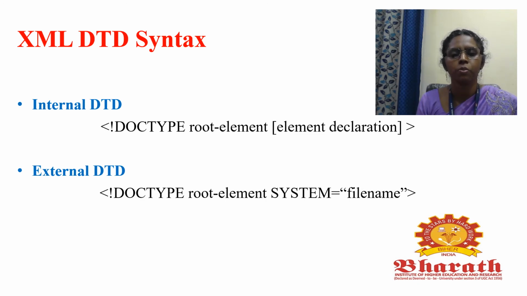Then we have to specify the location of DTD. Which DTD we are following. So that is specified using the attribute name system. System is equal to file name. So in the file name, we have to specify the URL, address of the DTD we have to specify. That is the difference between internal DTD as well as the external DTD. In the case of external DTD, we have to mention the file name.